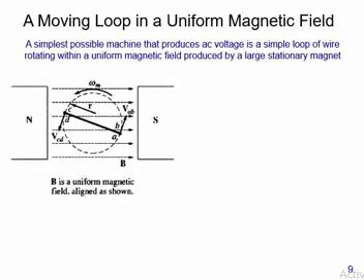The simplest possible machine that produces AC voltage is a simple loop of wire rotating within a fixed magnetic field, which is in this case represented with N and S, north and south poles.